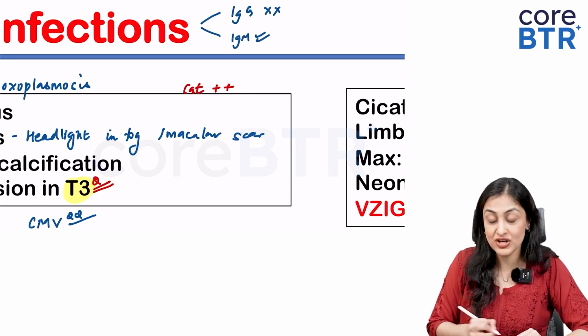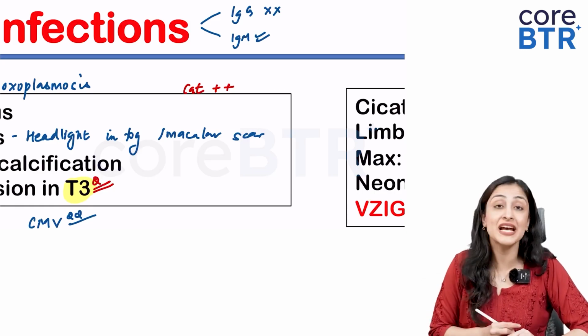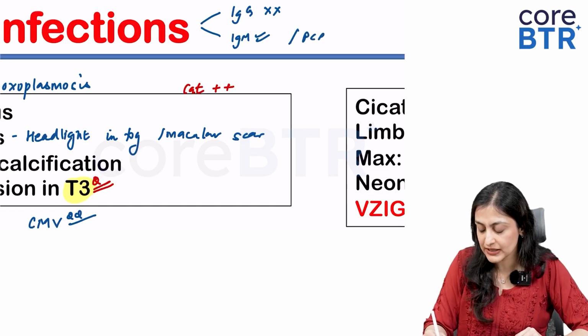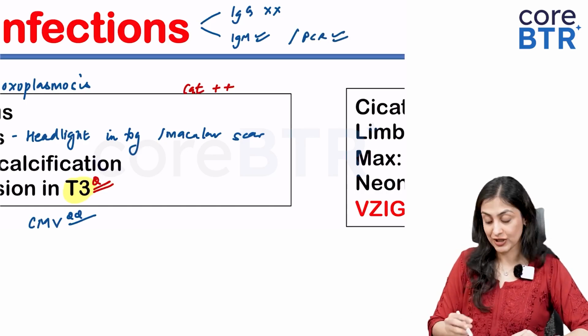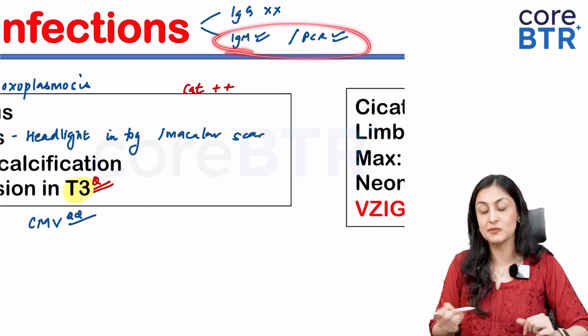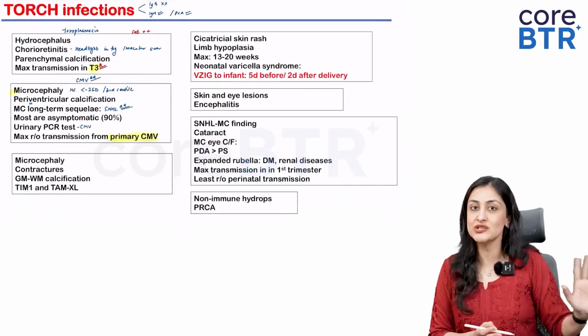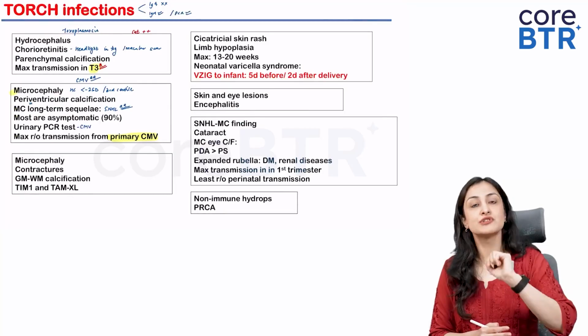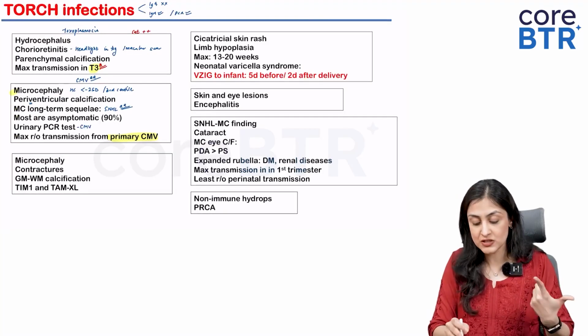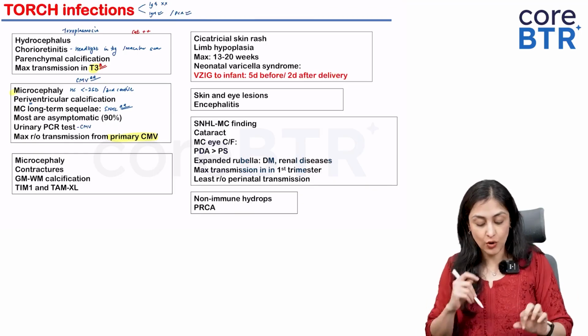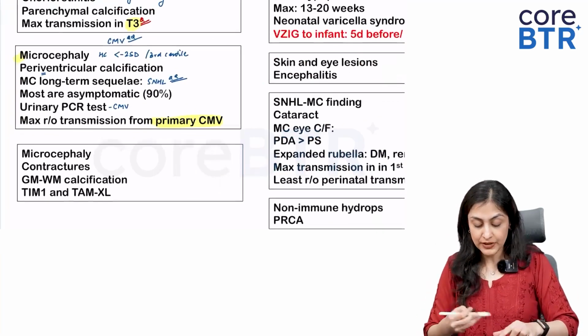IgM we can check, because that means that the baby has formed IgM, means baby ko infection hua hai, or I can check PCR, directly check the organism. So these are the two diagnostic methods that we check for detecting torch infection. So remember these general principles. More severe if transmitted in first trimester, detect IgM and PCR, not IgG, right? So these are common things that we need to remember here.